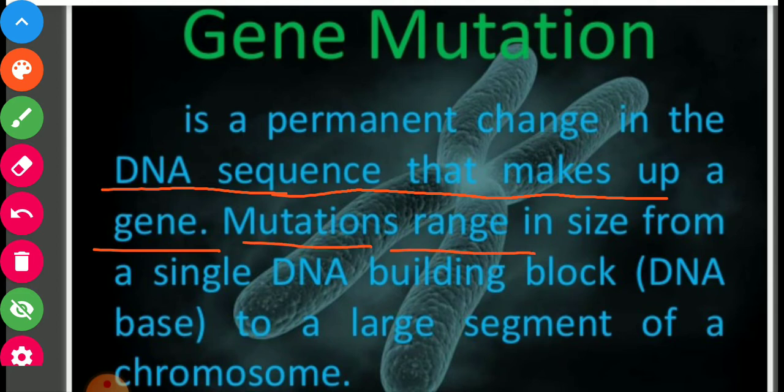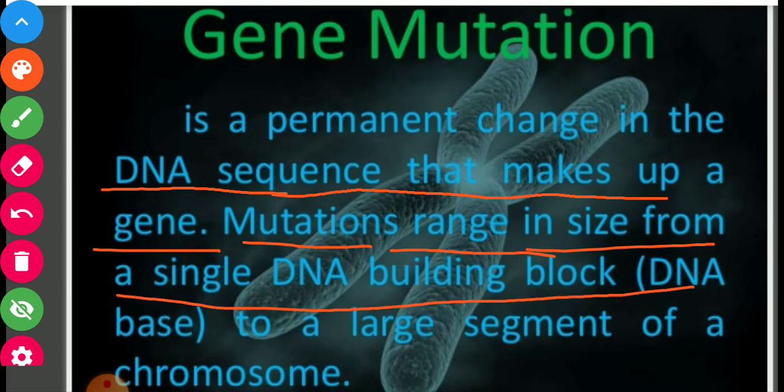Mutations range in size from a single DNA base, only one base change maybe, to a large segment of a chromosome. So both small changes and large changes alter the genetic information, and that is called gene mutation.